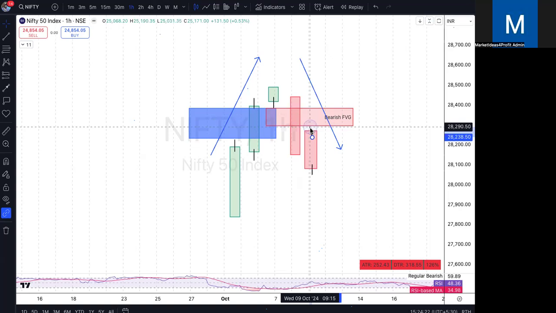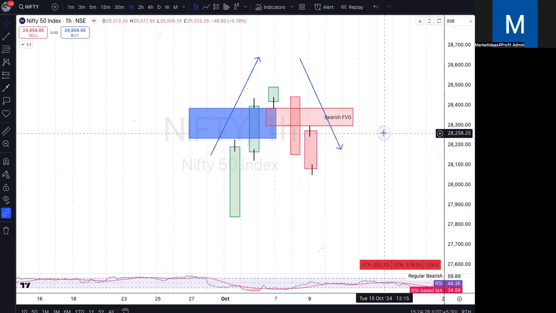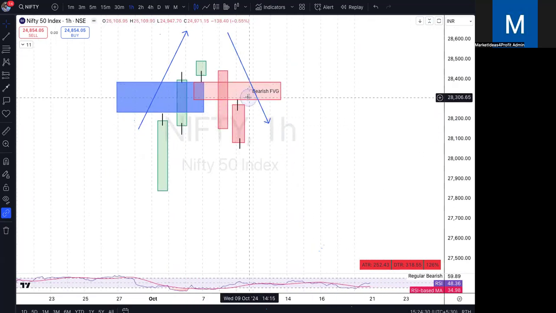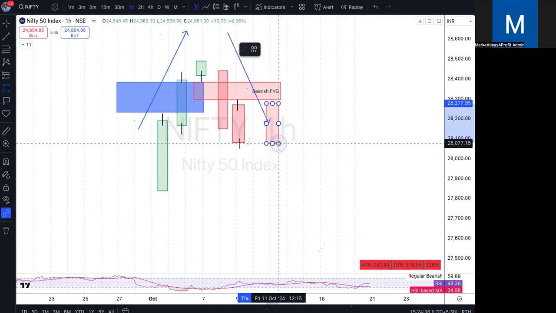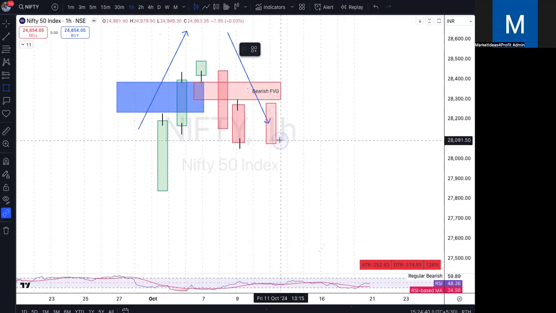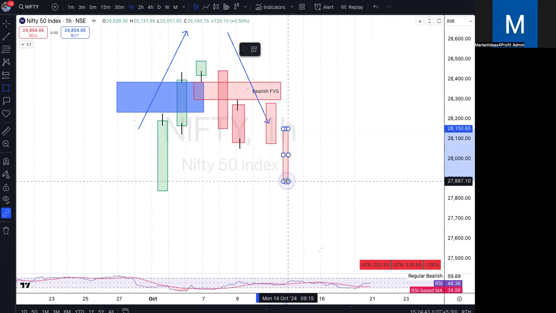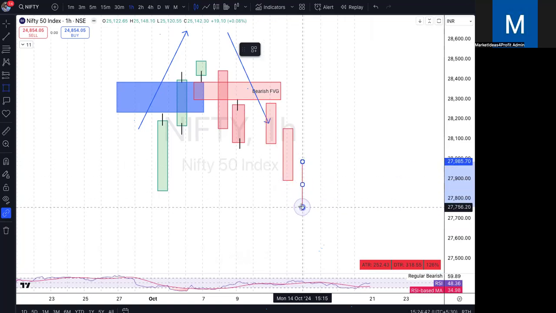Once you see that on a 5-minute candle chart, the only caveat is that because it's a smaller time frame, we wait for this formation to happen, and then we try and see one more formation back to back in the subsequent trading, giving you a similar fair value gap on the bearish side, and that's when we get into a trade.